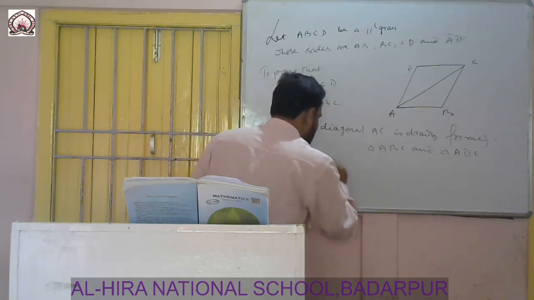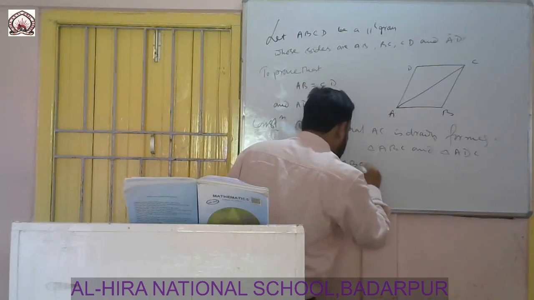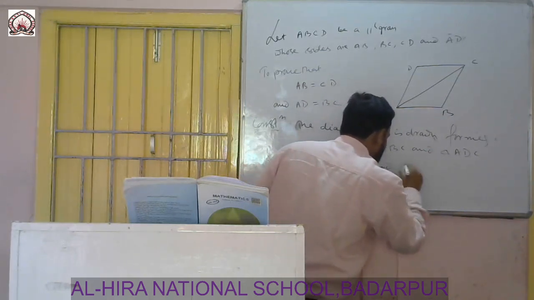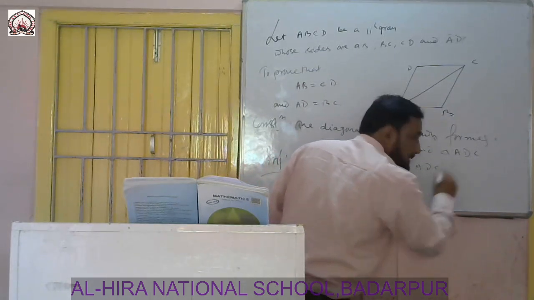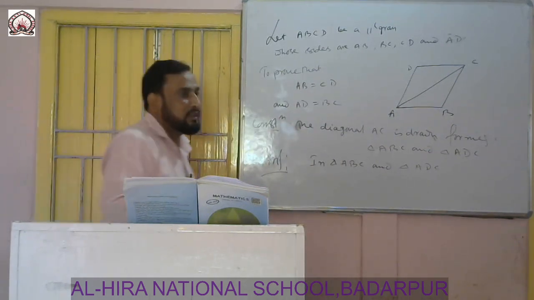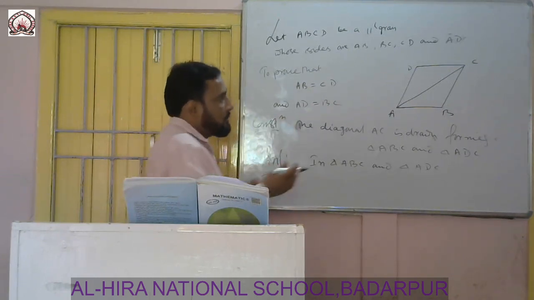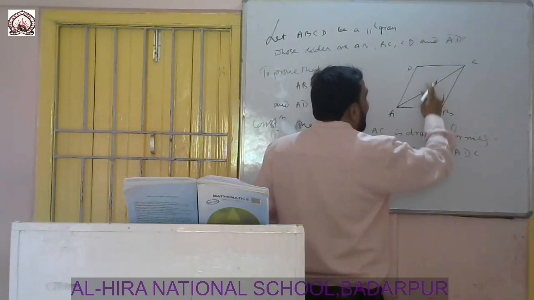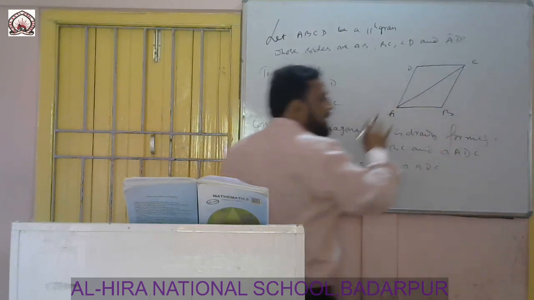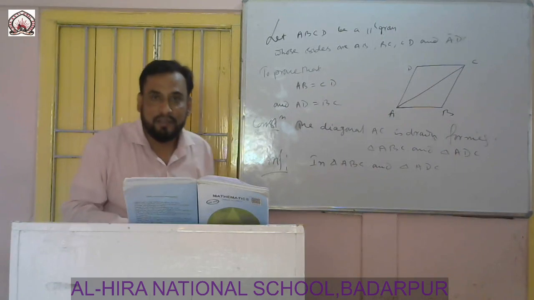Comparing these two triangles, in triangle ABC and triangle ADC. You see, in the earlier theorem we have already written that AB is equal to CD, but we cannot write that here because we have to prove that AB is equal to CD.